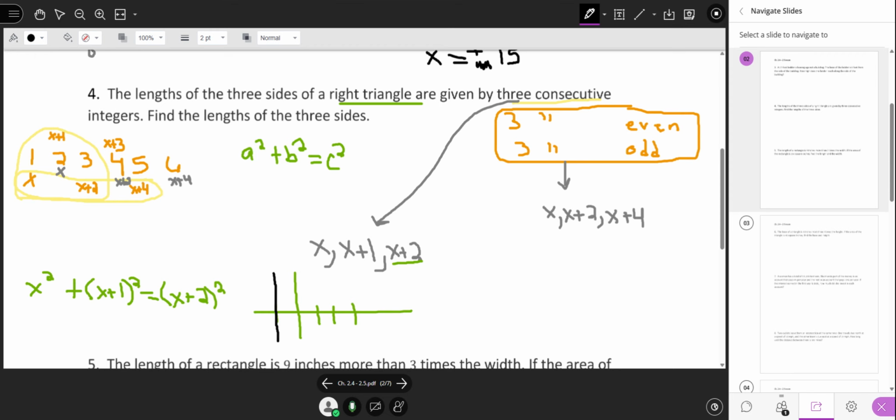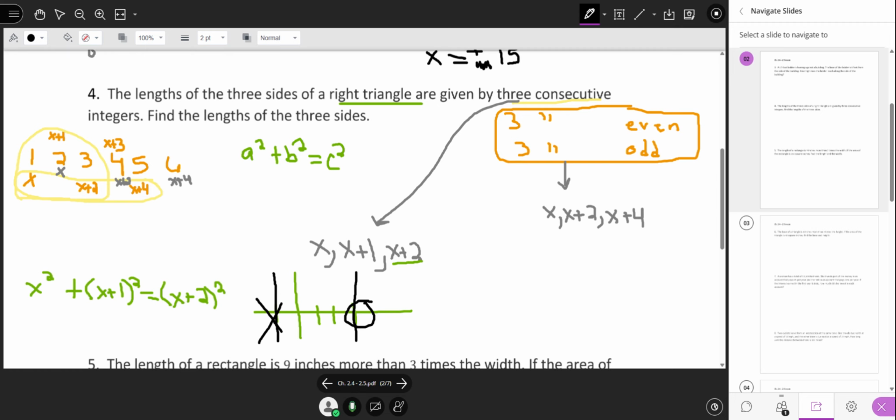It gives you an answer at -1 and it gives you an answer at +3. Throw the -1 away. Again, distance can't be negative. In this case, it's a right triangle, so distance isn't negative. So we keep the +3.